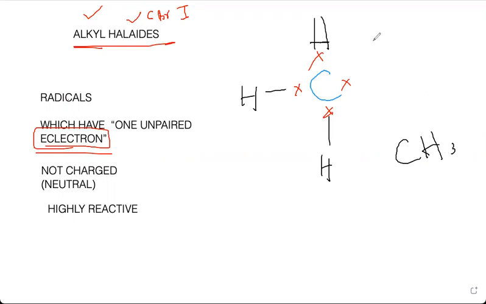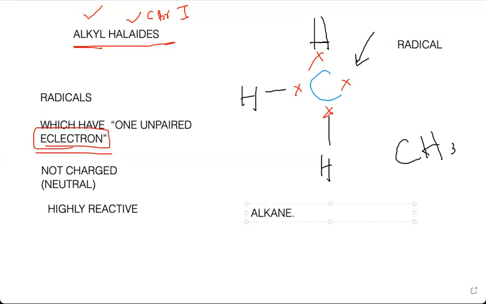So you can see carbon has 1 unpaired electron. So right now, carbon is a free radical. Oh, no, not carbon. This whole compound is a radical now. This is a free radical now. And what is the name of this compound? Because it was an alkane.